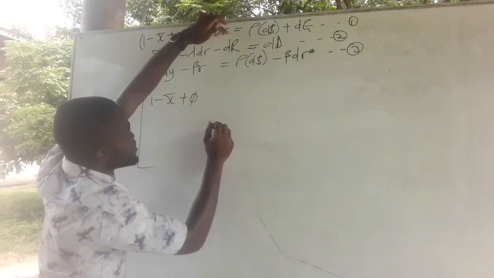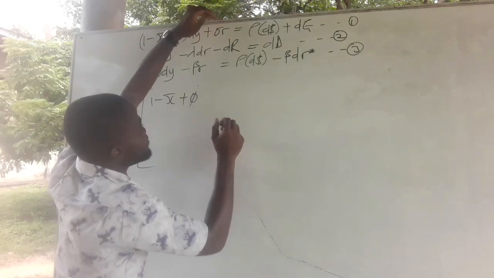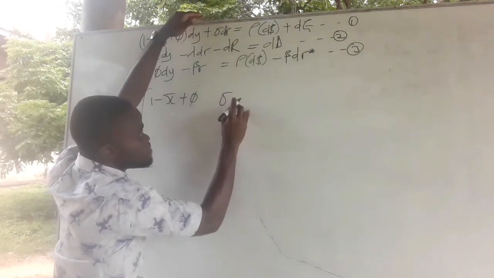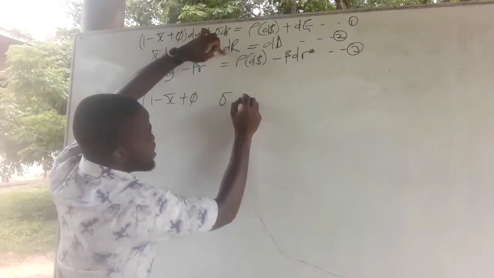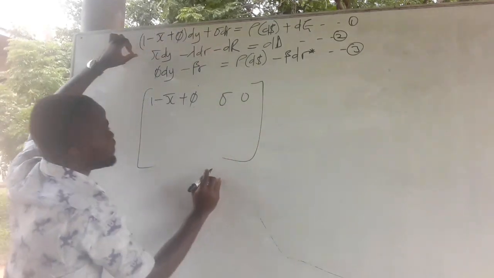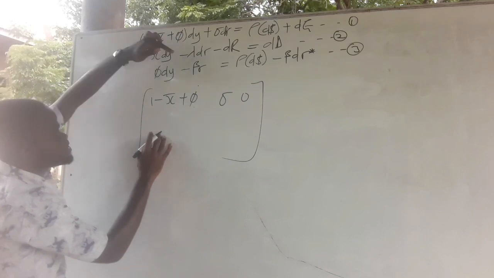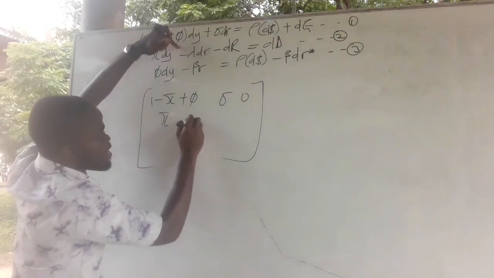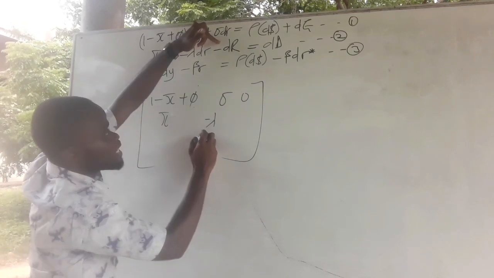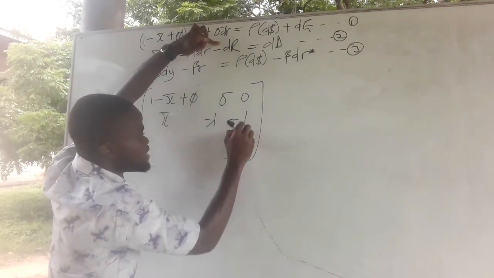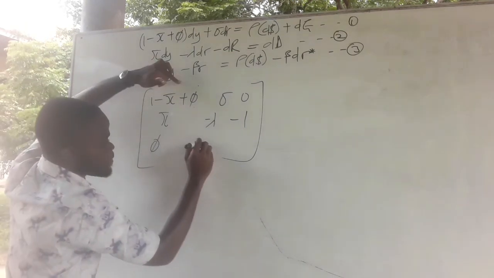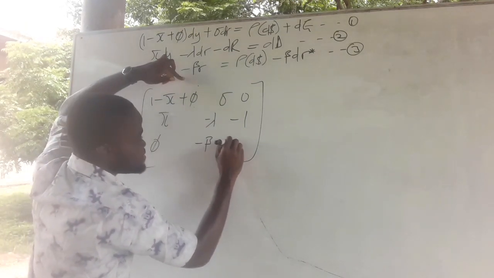Then for dr we have sigma. Then we don't have any big R here, so it's 0. Now for the second equation, for dy we have pi. For dr we have negative lambda. For big R we have negative 1. For the third equation we have theta, minus beta, 0.